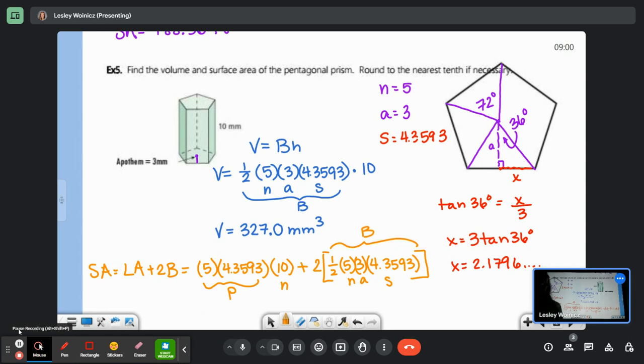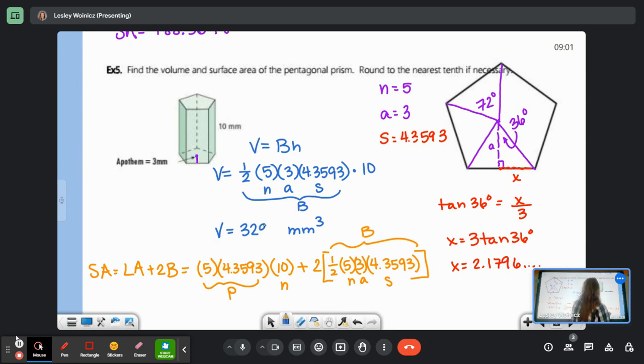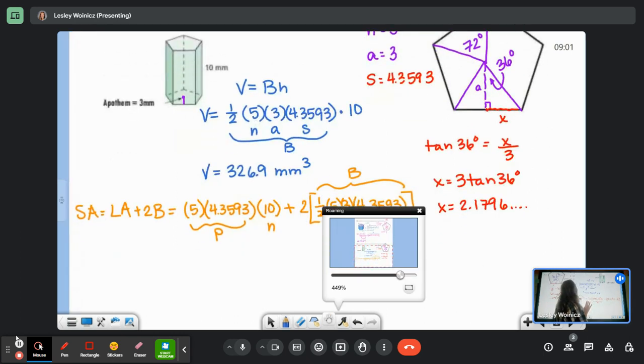We'll fix it right now. Earlier I did 4.3592 and I got that answer. Okay, no, I messed it up again. Okay, is that right? Yes. All right, what are we getting for the surface area?